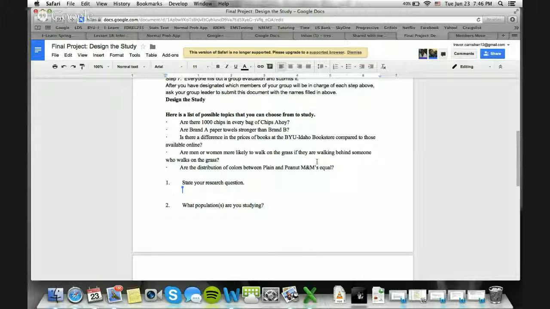Now, what would be our hypothesis of that? That the percentage of students who use credit cards is higher than the percentage of students who use any other form of payment. Yeah, then the null would just be that it's equal.